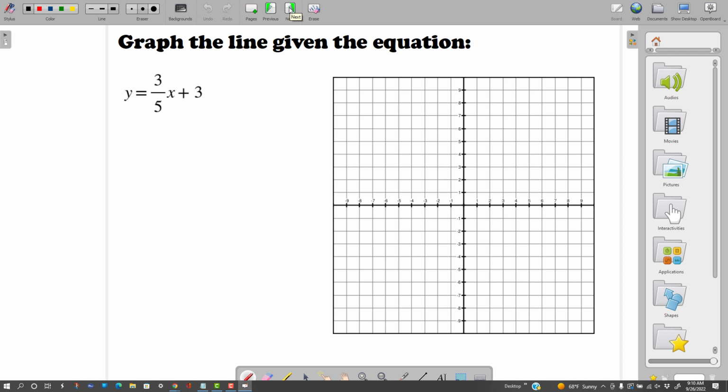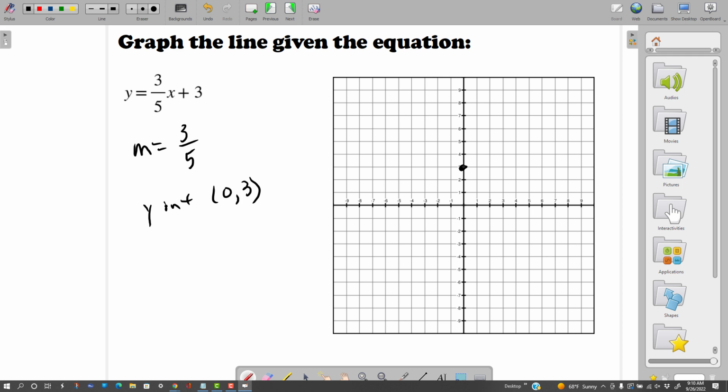Alright, here's another one where I'm given the equation of the line in slope-intercept form. So my slope is 3/5. My y-intercept is the point 0, 3. So I'm going to plot the point 0, 3, and I'm going to use my slope value.